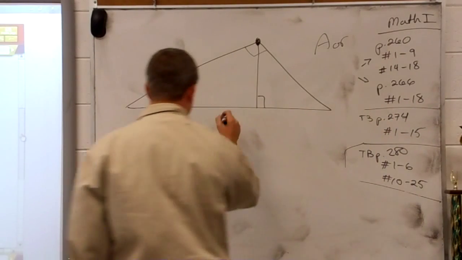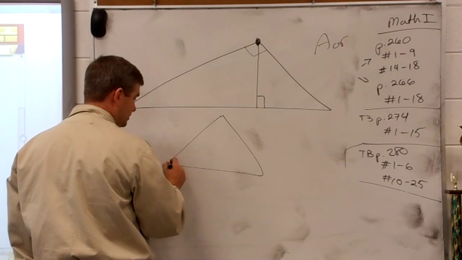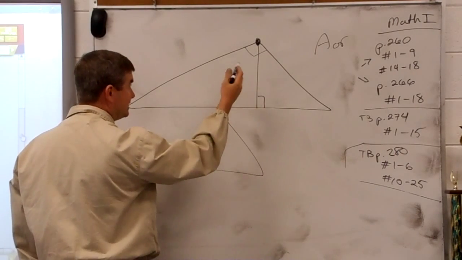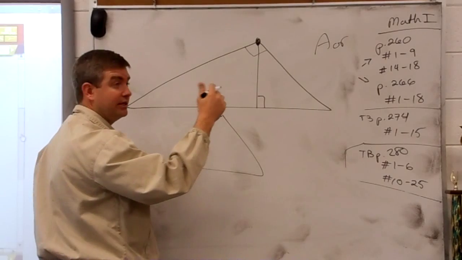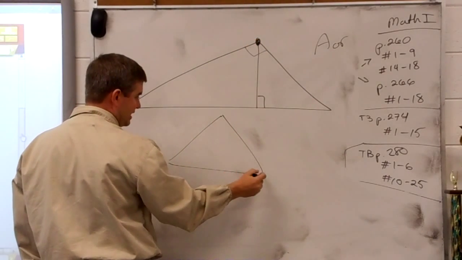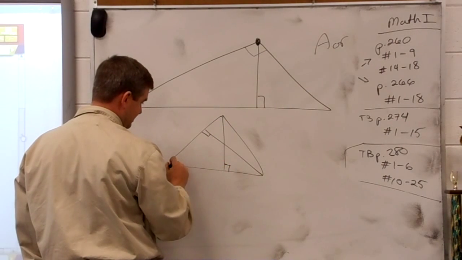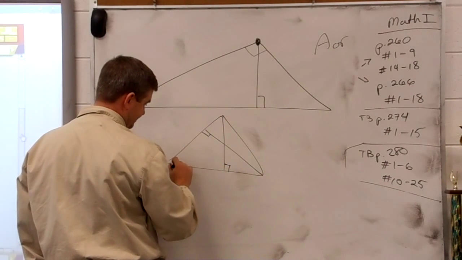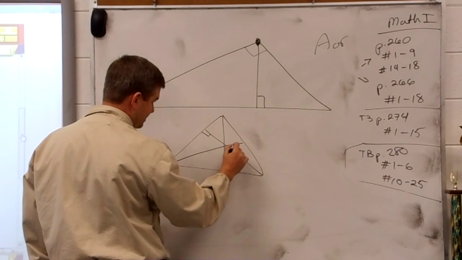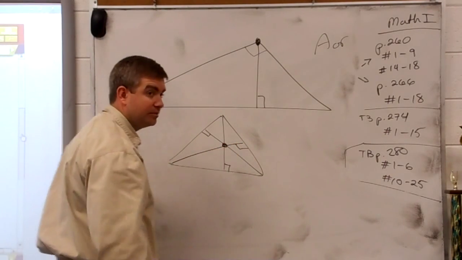Let me do a different triangle. I think some of you are confused. That one just looks weird. Well, it does, and it's on the triangle. But if I make it like this, and this, and this, then people see it a little better.